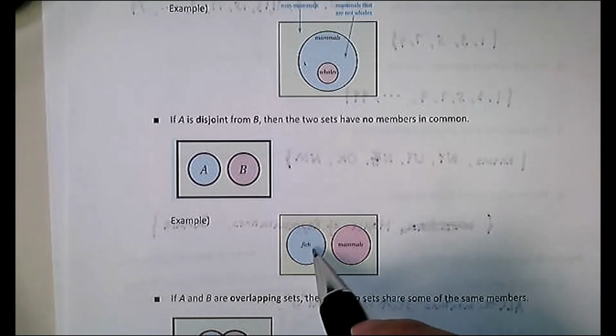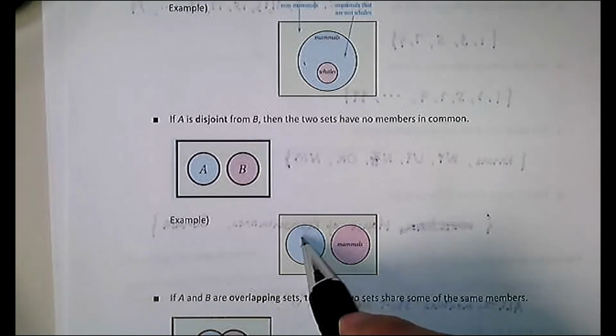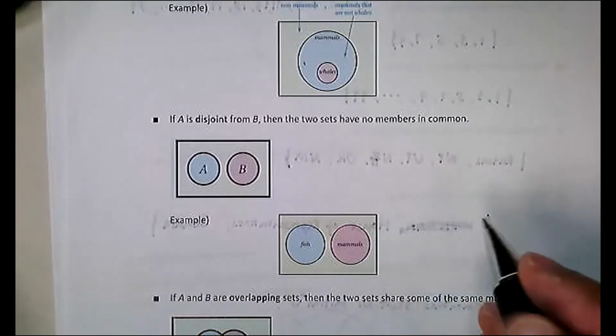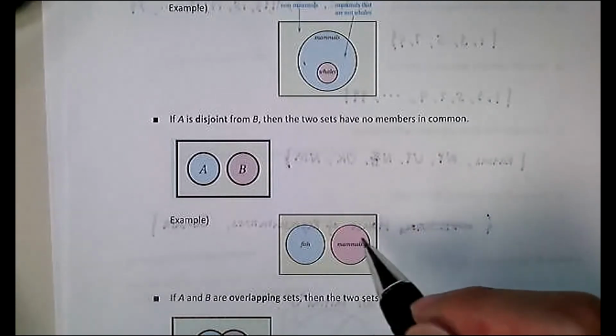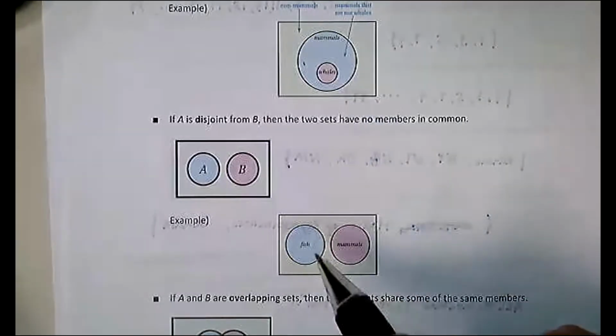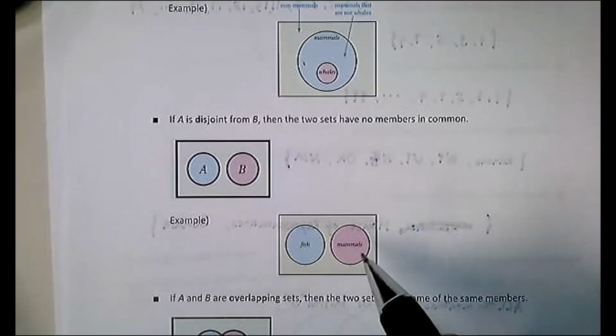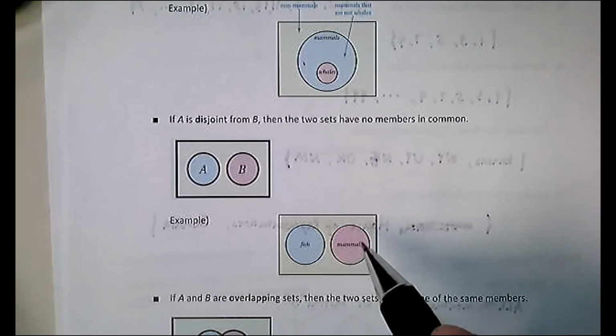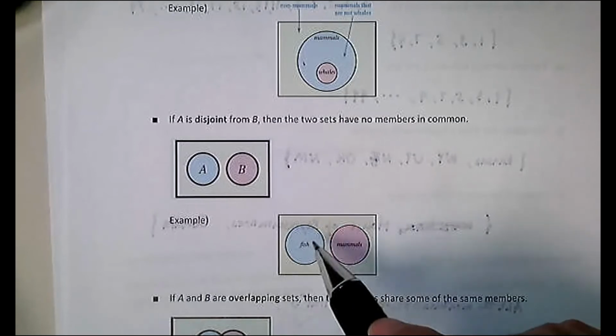So in our case, what do we have? In our lecture notes, we have a circle of fish and another circle of mammals. I know some people think that whales are both a fish and a mammal. However, that's scientifically not true. Whales are mammals. They're not fish. I know they look like huge fish, but they are not fish.